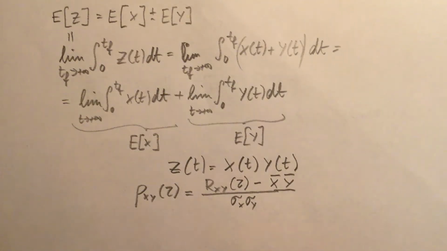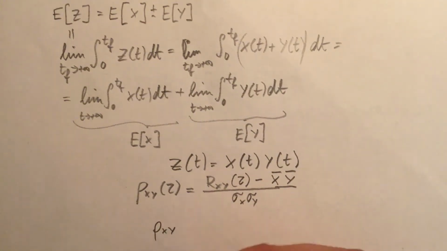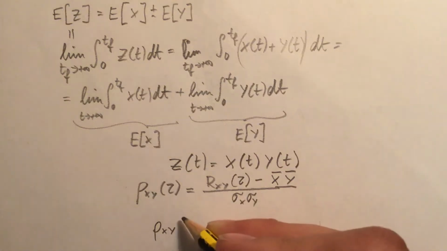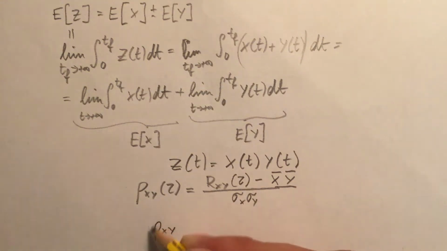Now, if we make tau equal to 0, we get the cross-correlation coefficient. Remember that without an argument, this is a scalar and this is the value for 0.